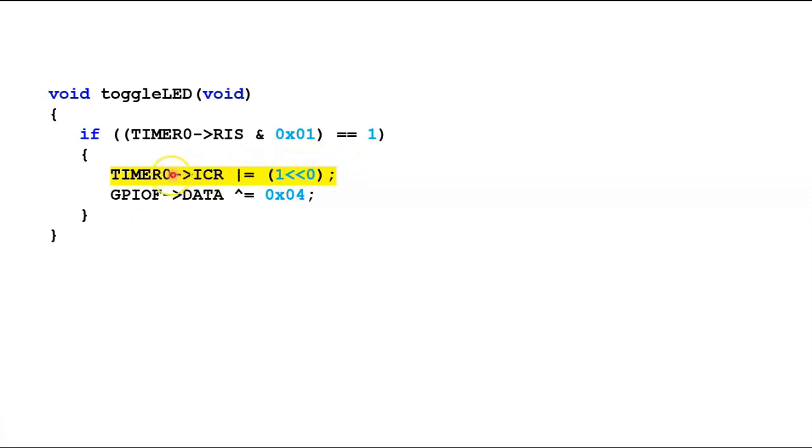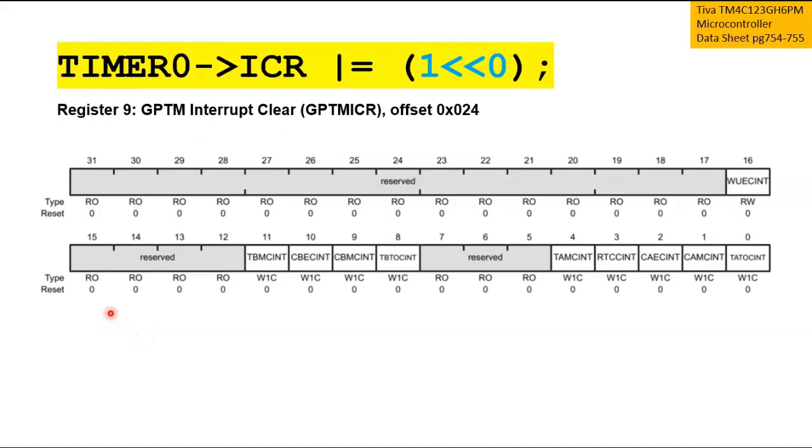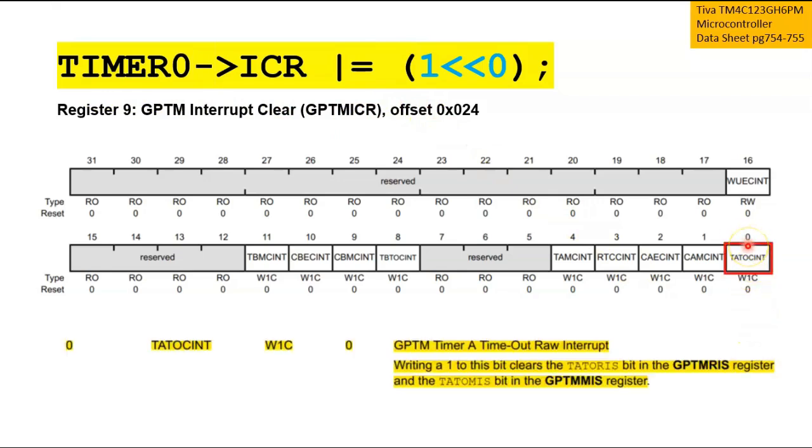Now we will examine this instruction. This is the GPTM interrupt clear register, or GPTM ICR. This instruction is used to clear bit 0, the LSB, in the GPTM ICR register.